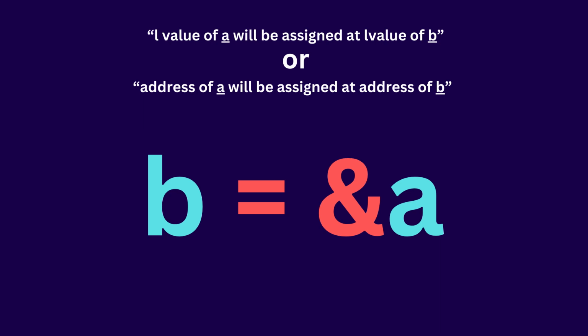The AND operator tells the compiler that, hey, I know that usually using the A variable on the RHS of an assignment operator leads to using its R value, which is the constant that it is storing in the memory. But in this case, although I'm using it on the RHS, I still want to use the L value of the object, which is the memory address reserved for an integer, which is in this case assumed to be 200. And now we come to the end of our discussion of pointers.